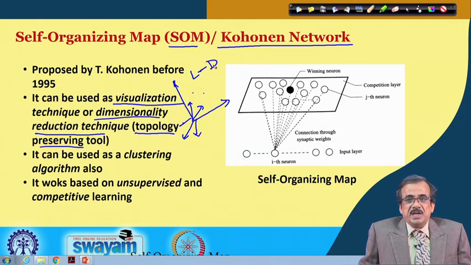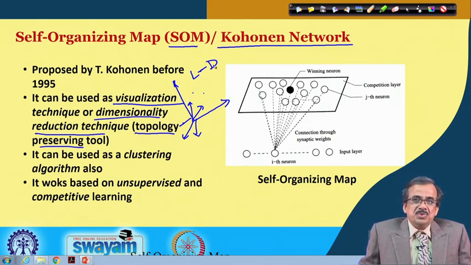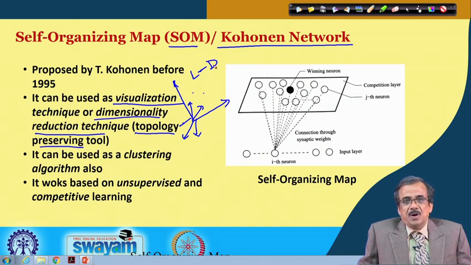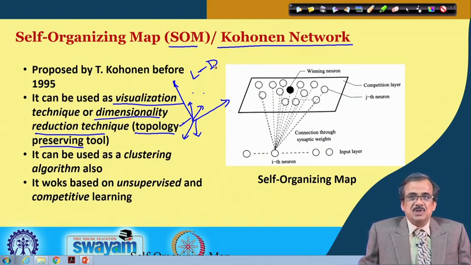Now, this data we human beings cannot visualize. The reason is we can visualize only up to 3 dimensions. If the data is there in more than 3 dimensions, say 4 dimension or 5 dimension, we cannot visualize.